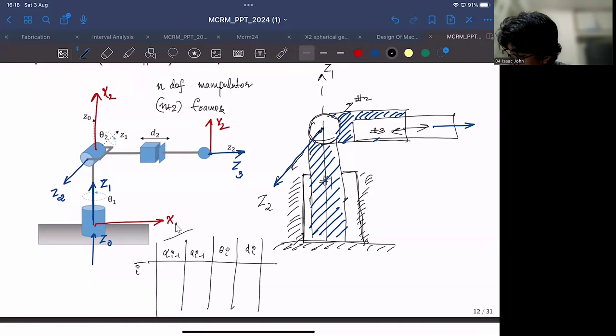The first two transformations would be along x i-1, and the remaining two would be along the z i axes.